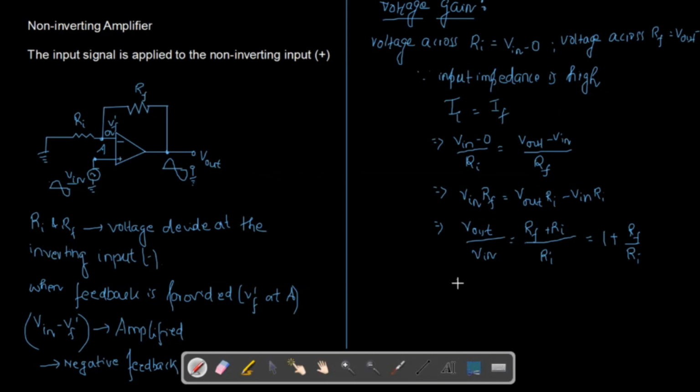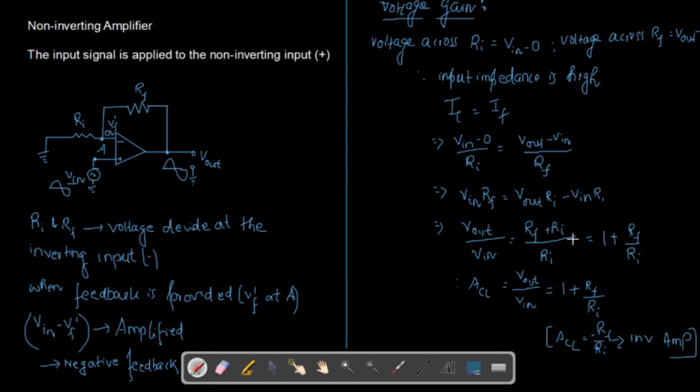So therefore this ACL, ACL will always be Vout by Vin. It depends on what kind of circuit you are considering, whether an inverting or a non-inverting terminal. You're going to have it as minus of Rf by Ri if it's an inverting amplifier, or 1 plus Rf by Ri if it's a non-inverting amplifier.